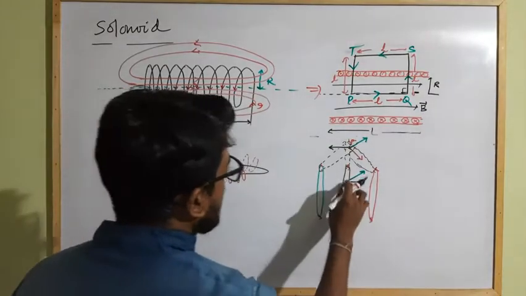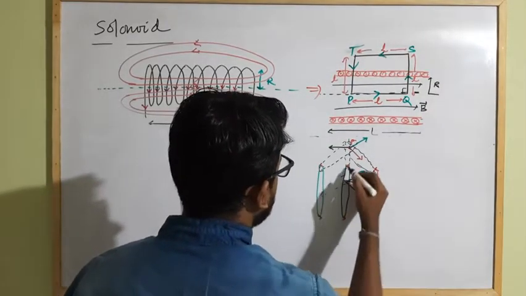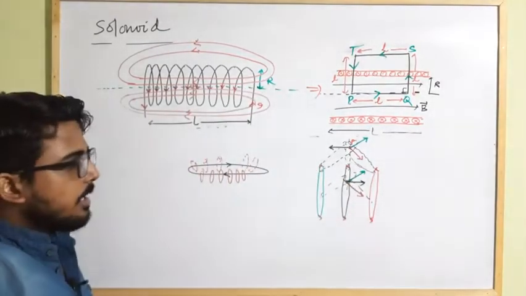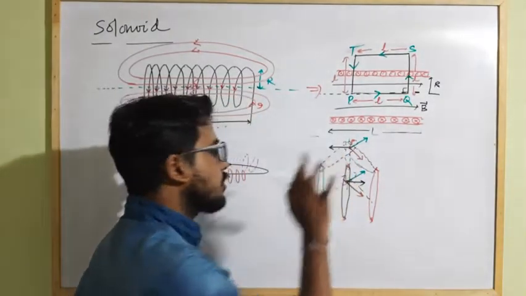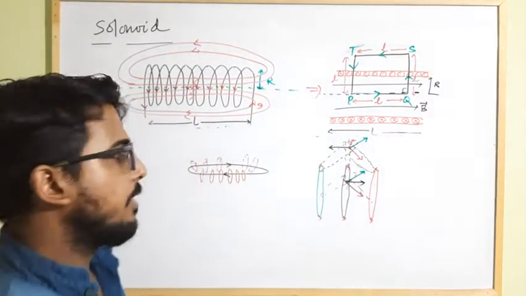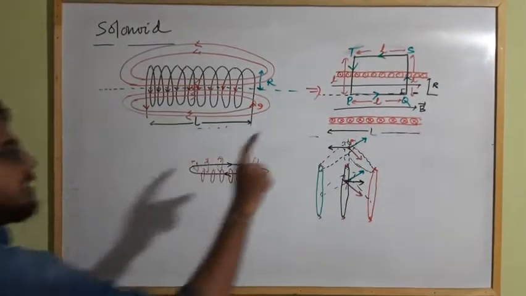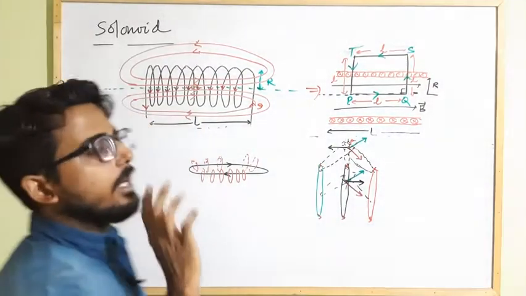Clear? And at this point similarly the magnetic field due to this segment will be like this, and this segment will be like this. Clear? That's why the magnetic field outside the solenoid is 0, and within the solenoid it has some definite value or remains constant. And the magnetic field strength throughout the solenoid remains constant only in case of an ideal solenoid.